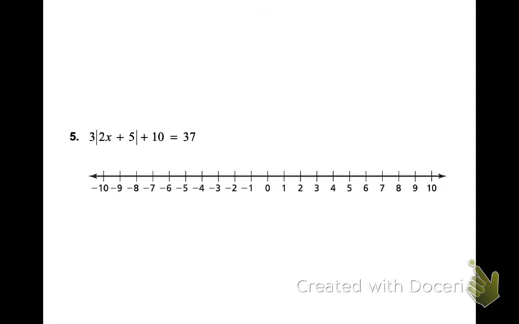All right, number 5. So we want to get the 2x plus 5 absolute value thing by itself. So we're going to start by subtracting 10. So then I have 3 times the 2x plus 5, close absolute value symbols. The 10s cancel, so 37 minus 10 is 27. I can undo this multiplication with division, dividing by 3 on both sides.